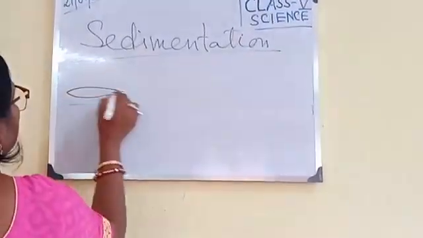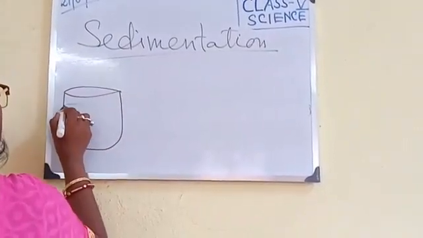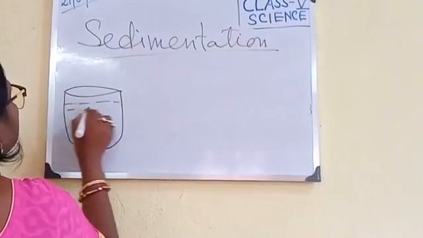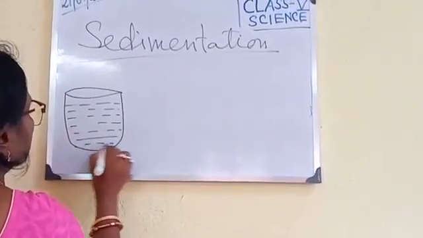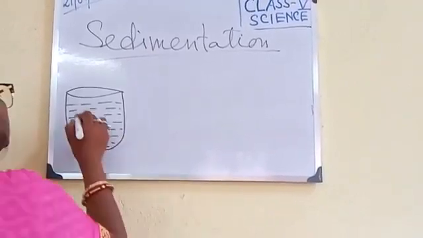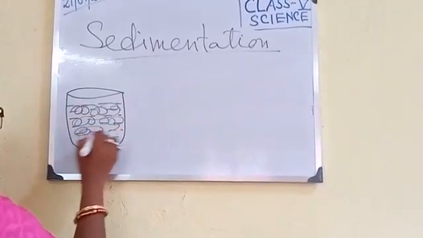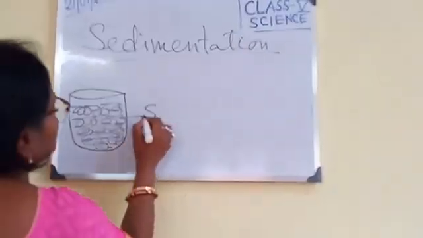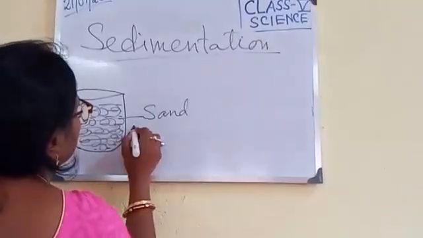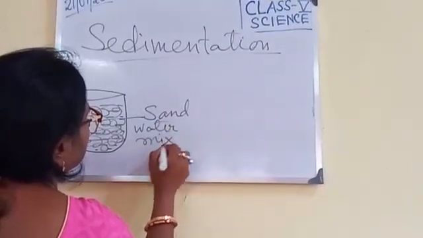First you take a beaker and fill up with water. Then mix some sand particles in it. So this is sand water mixture.